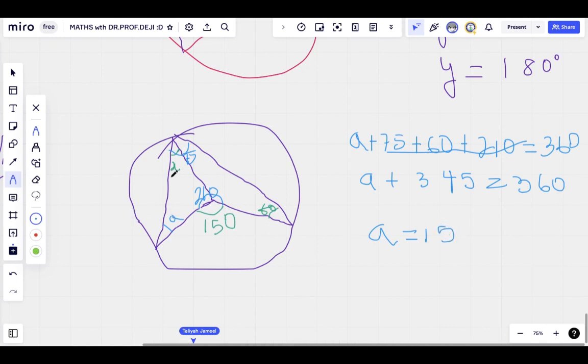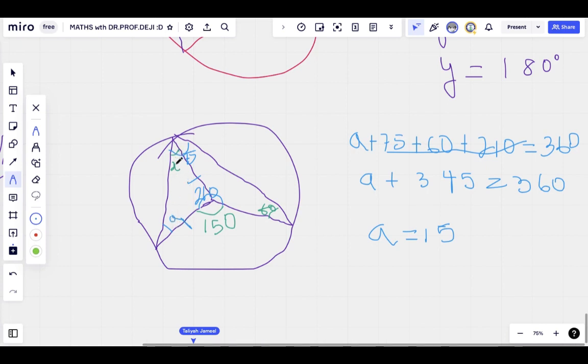So we know virtually everywhere, we know this angle, 75. We know angle A, we know angle 60. But the part they want us to find, why did I find angle A? They want us to find angle X. This is a radius, this is a radius, and this is a triangle.